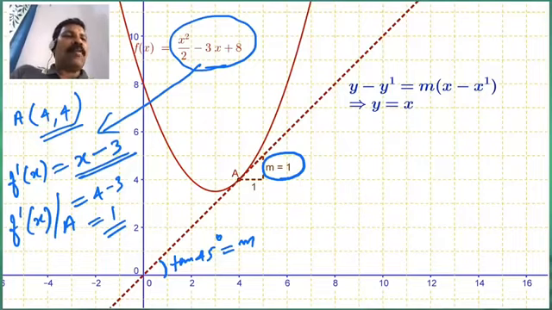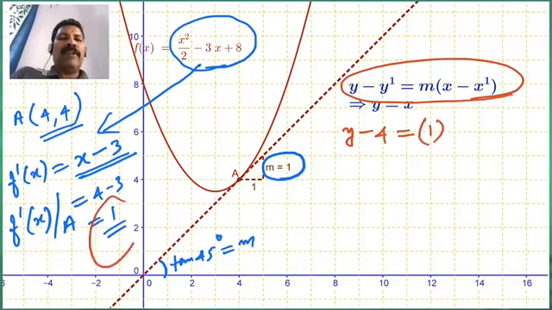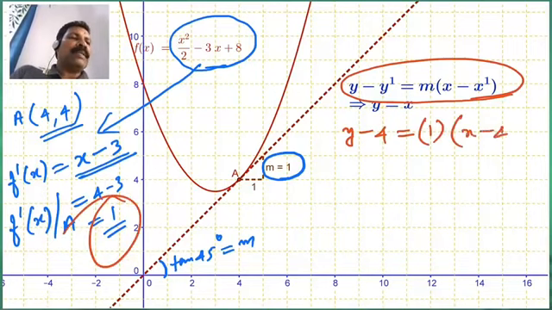Once you know the slope and the point, you know point capital A is 4, 4, then you can use the equation y minus y1 is equal to m into x minus x1 to write the equation of the tangent, that is y minus 4 is equal to the slope, 1 only, that we computed already using calculus, into x minus 4.